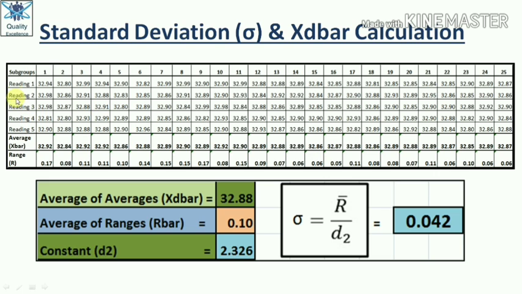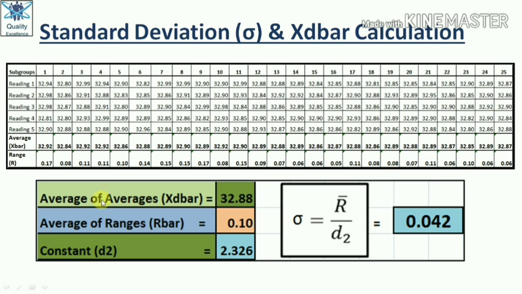These are the averages of all 25 subgroups, and this is the range. Range means the maximum of these 5 readings minus the minimum of these 5 readings. So this is the range of this particular subgroup.